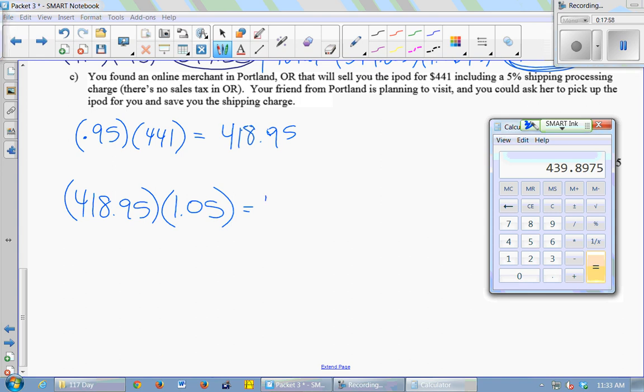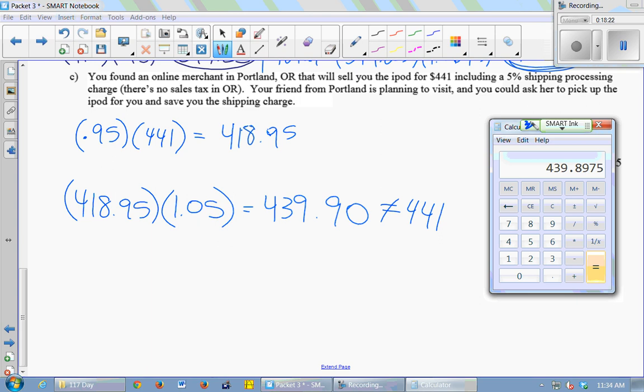This is 439.90 if I round, which is not $441. So it can't be that the real price is $418.95, because if you increase $418.95 by 5% for shipping, you don't get $441.